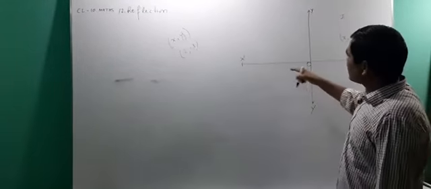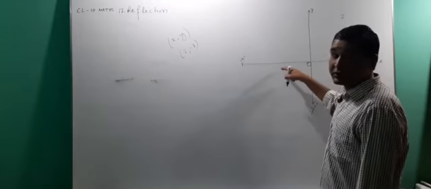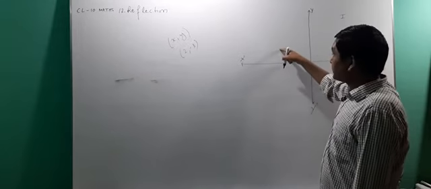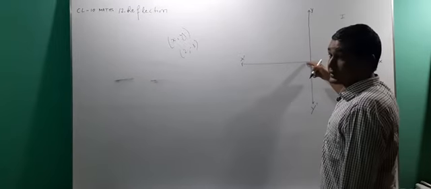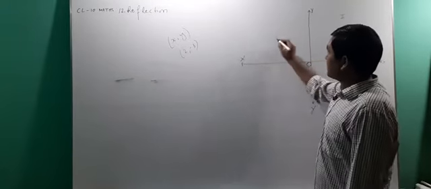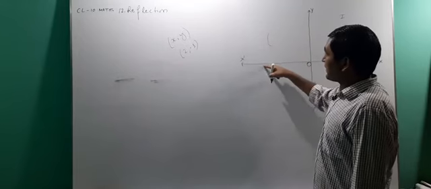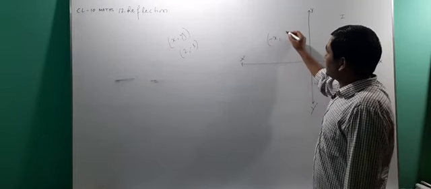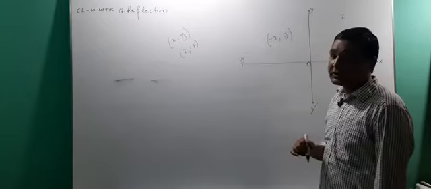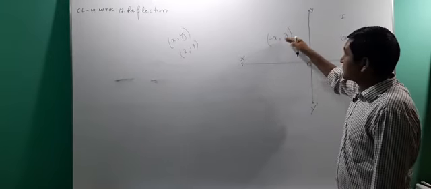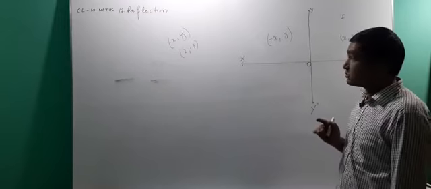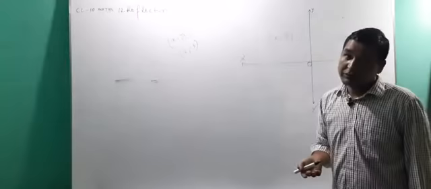Then in the second quadrant, this is the negative x-axis and this one is the positive y-axis. That's why x is negative here and y is positive. That means the coordinate in the second quadrant is minus x, plus y. Remember, this is very important to write the coordinate of the image.